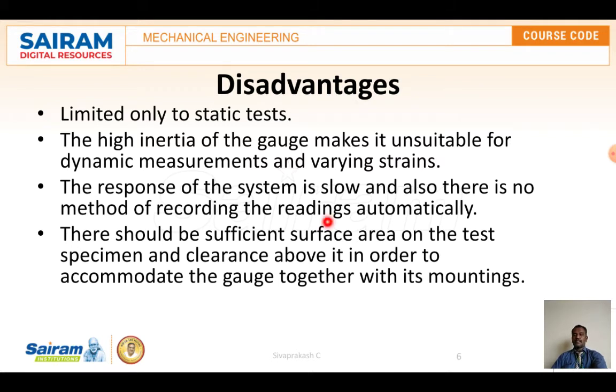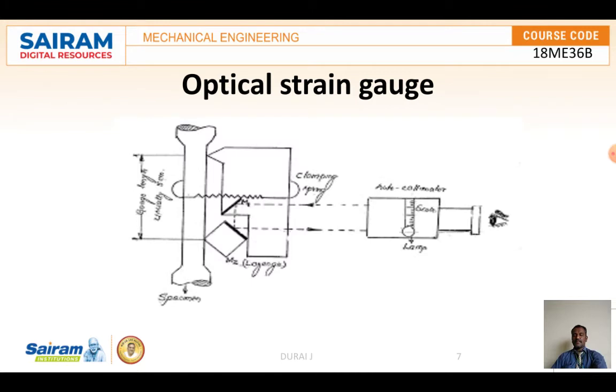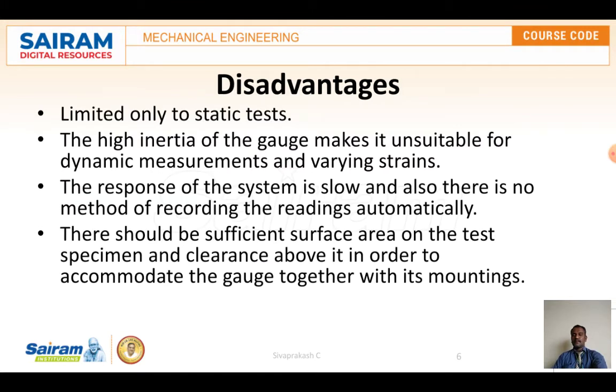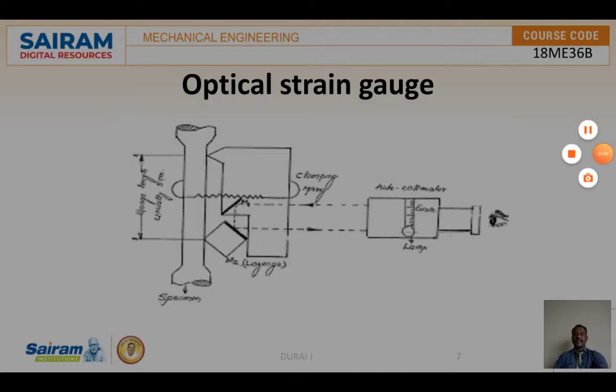Then come the disadvantages: they are limited to static tests, they have high inertia, the response of the system is low, and there should be sufficient surface area on the test piece.